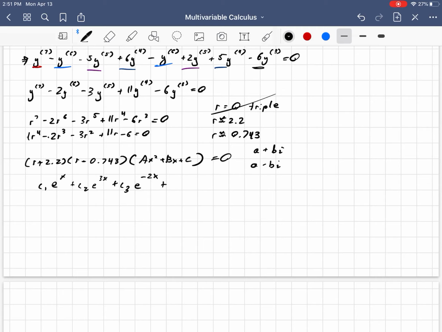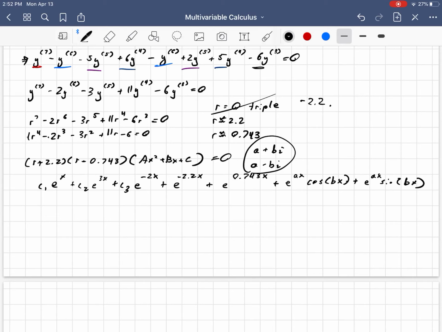And now we're going to add this particular solution, which is, so the 0, 1, that doesn't matter, plus e to the approximately negative 2.2x, plus e to the approximately 0.743x, and then we'd have plus, now, the complex roots a plus bi and a minus bi, that would be e to the ax times the cosine of bx plus e to the ax times the sine of bx.